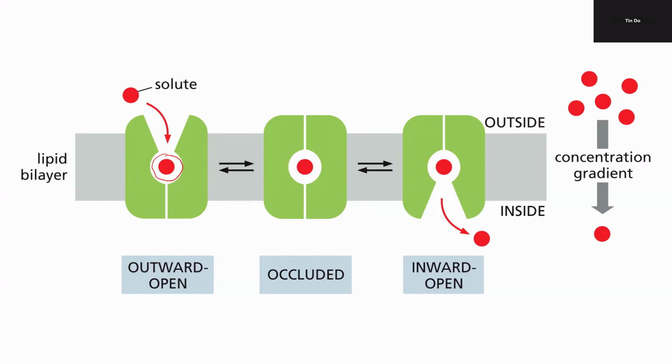Could be a change in net charge. It could be another conformational change. Maybe another molecule is interacting with it, or maybe it's just within itself, where the opposite end opens up, allowing the solute to travel straight through. And this is what we call an inward open state. And again, it's following the path of diffusion with the concentration gradient.